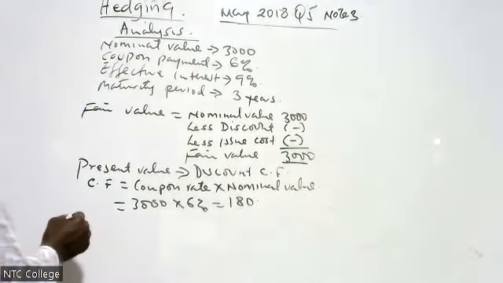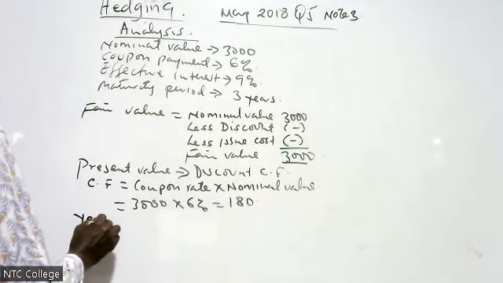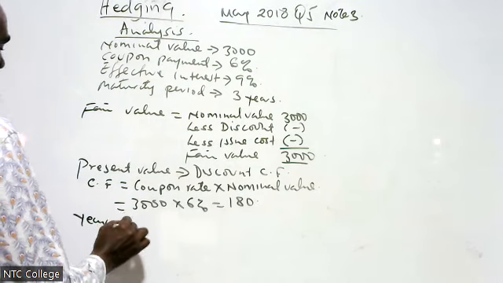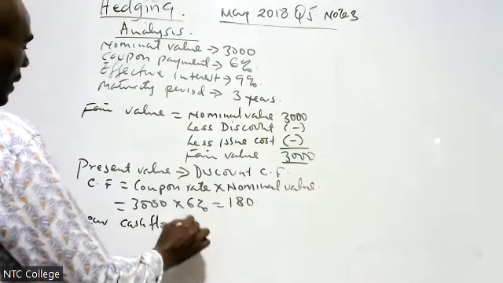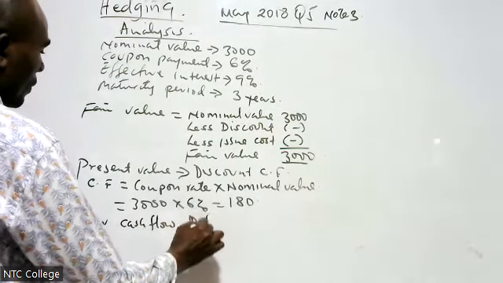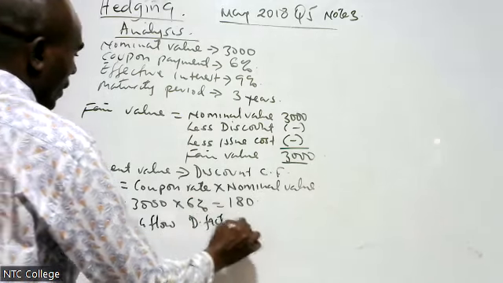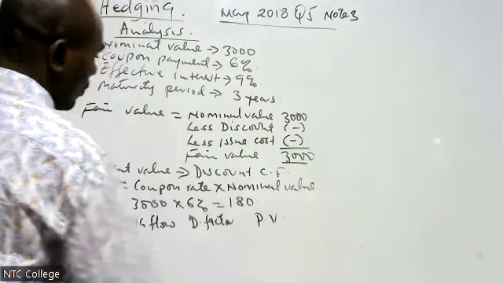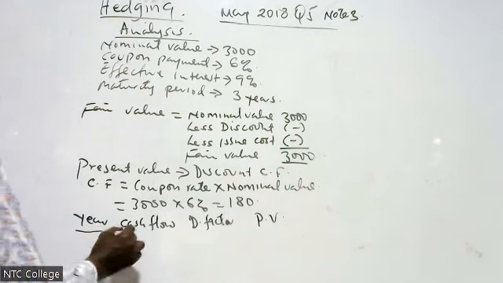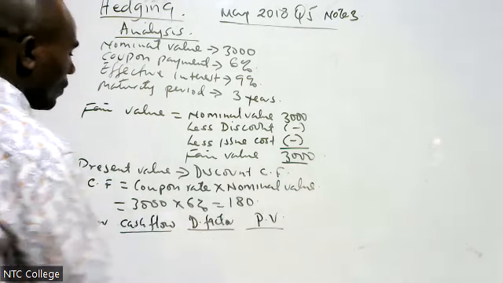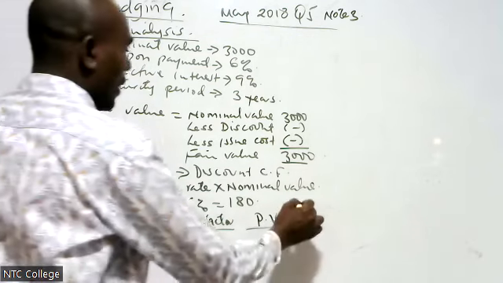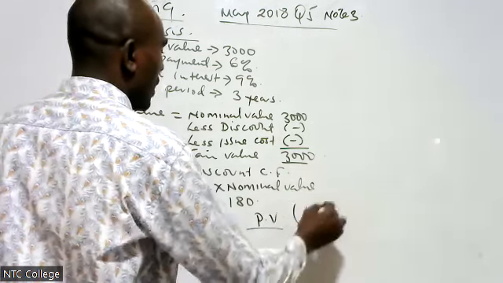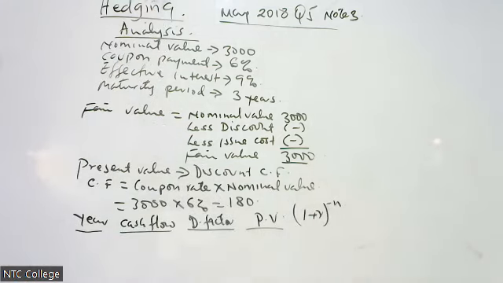So I will set up columns: year, cash flow, discount factor, then present value. This is a lump sum, therefore I'm going to use the formula 1 plus R raised to negative n to determine the discount factor.